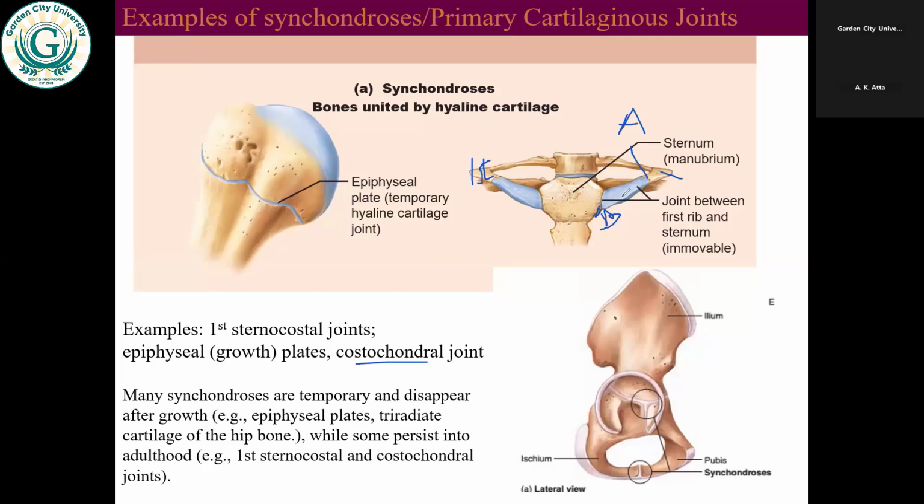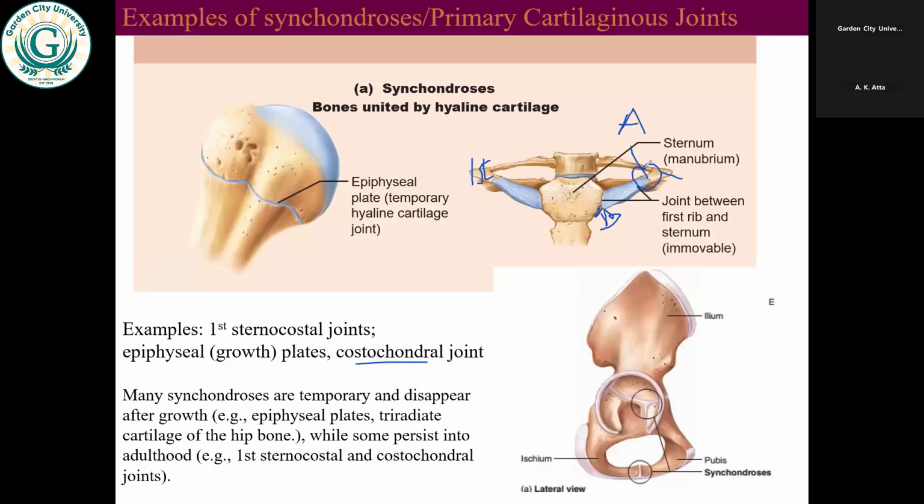There's a point that I wanted to make here, and please pay attention. The joint between the rib and its costal cartilage, this one here, we are saying that it's a costochondral joint. So those ones are primary what? Cartilaginous what? Joints.